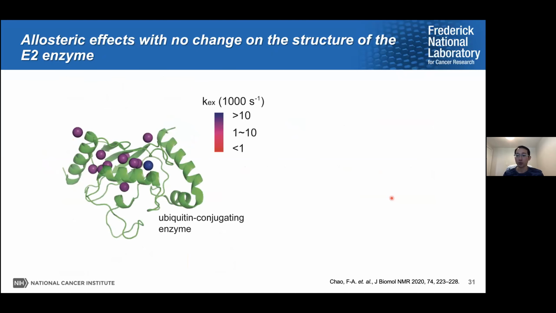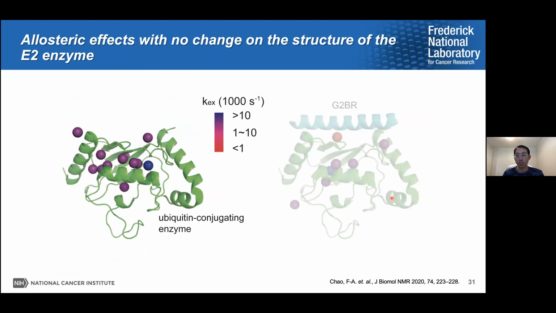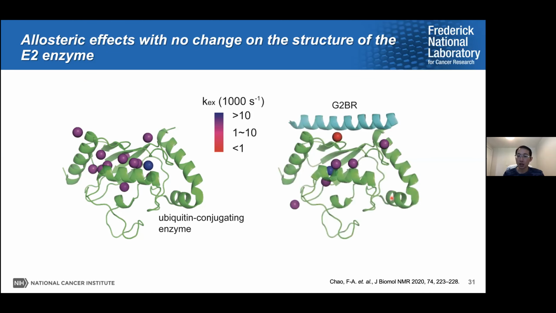So again, we ran the experiment on this E2 enzyme, and then we see the motion, see the dynamics, and actually we also ran the single quantum CPMG, and we also see the motion based on the exchange term. Okay. Then when we add the G2BR, then suddenly in the CPMG relaxation dispersion profile, they are all gone or within the experimental error. But using our technique, we are still able to pick out the motion in this system.